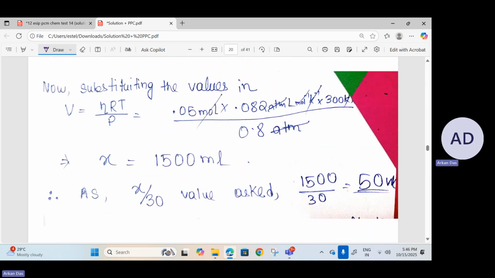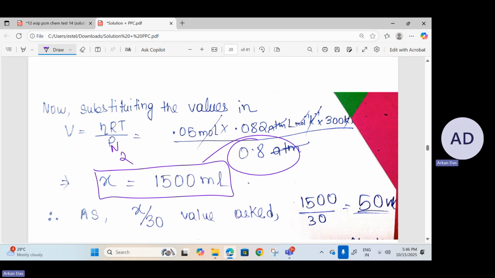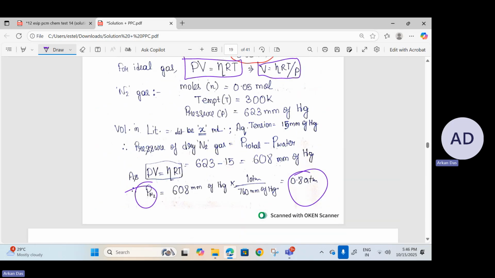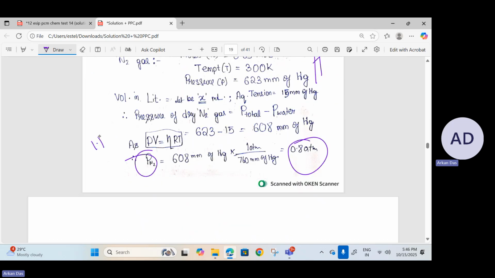Now we are substituting the value in case of volume, because pressure of N2 has been taken as 0.2 mole. The overall volume is coming out for Dumas method. Now this was up to Kjeldahl method. Then we used the ideal gas formula to find out the volume.